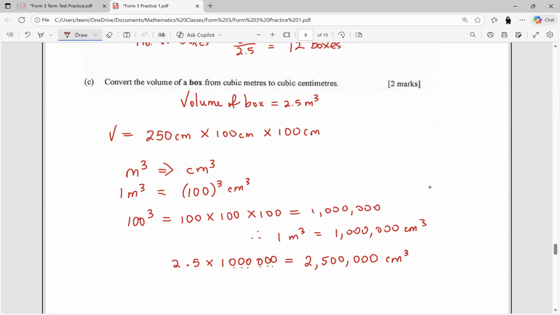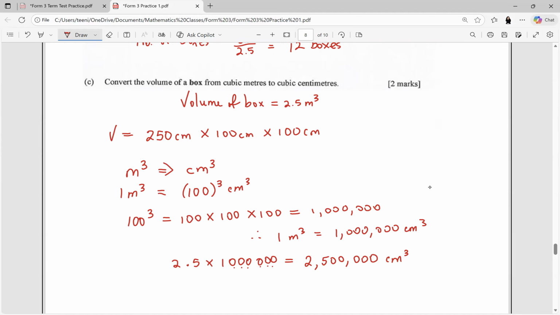All right, so guys, changing the volume of the box from cubic meters to cubic centimeters is not simply multiplying the answer by 100. That's incorrect, right? 1 cubic meter is actually 100 cubed cubic centimeters. That is the conversion. So therefore, 1 cubic meter is 1,000,000 cubic centimeters.